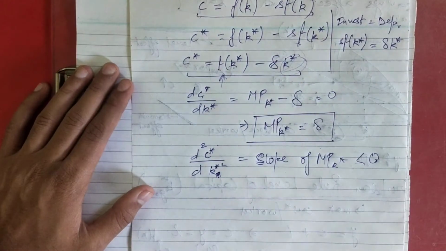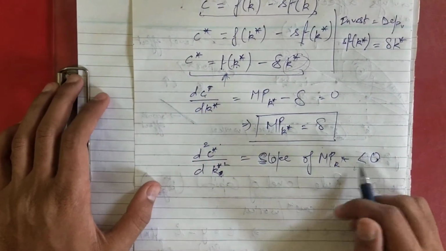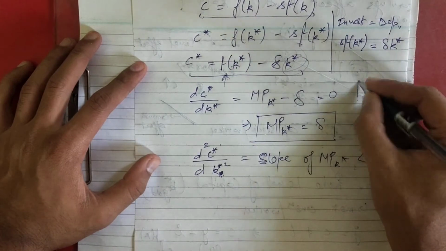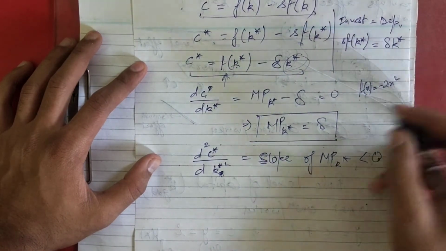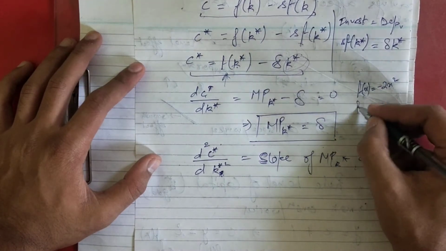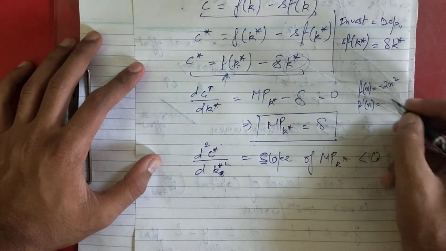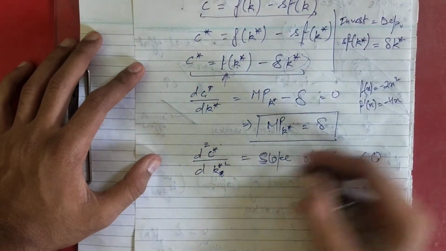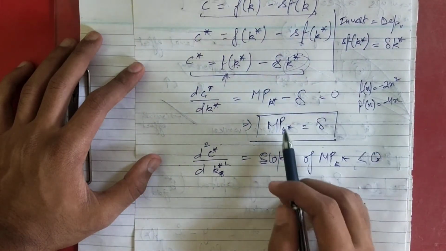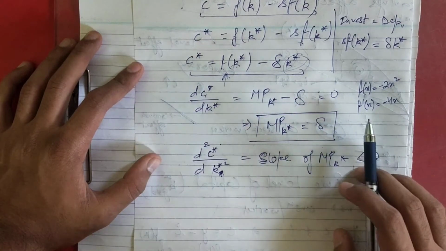If you have any function, say minus 2x squared, its slope f dash x will be minus 4x. And if you take the double derivative, you already know that the slope of MPK is less than 0.